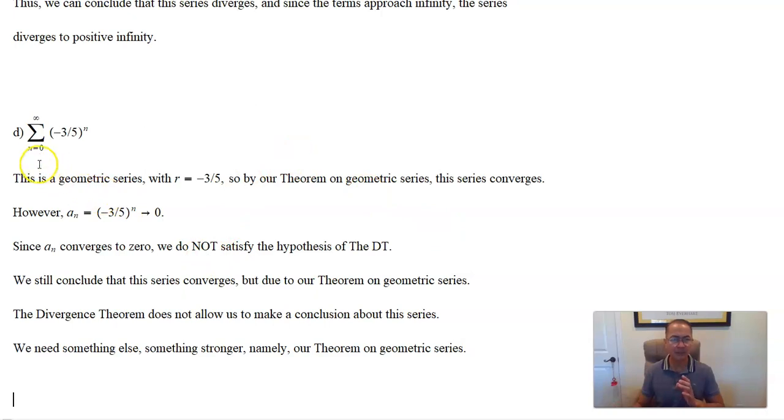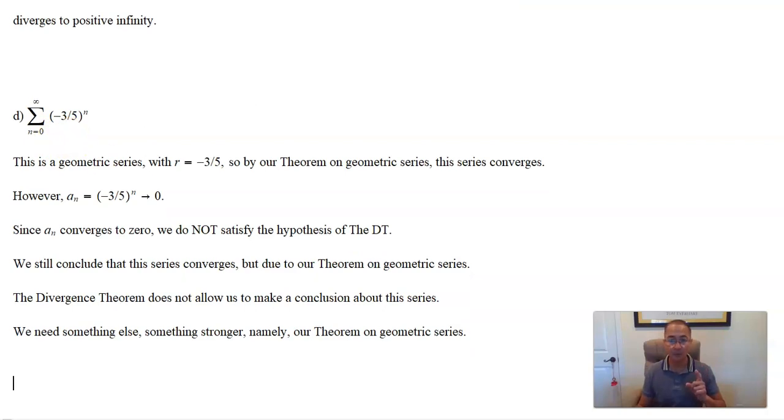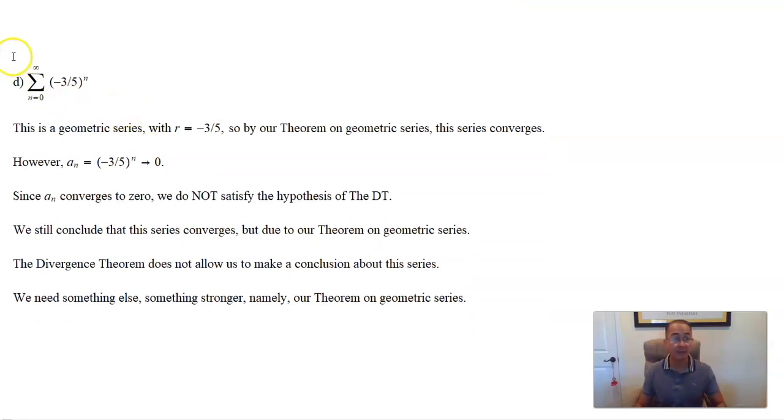We know something about this series because we have seen it before. We have a new tool now, the divergence test, but we cannot use it on this series because the terms go to 0. We do know what it does because we know a little something about geometric series.